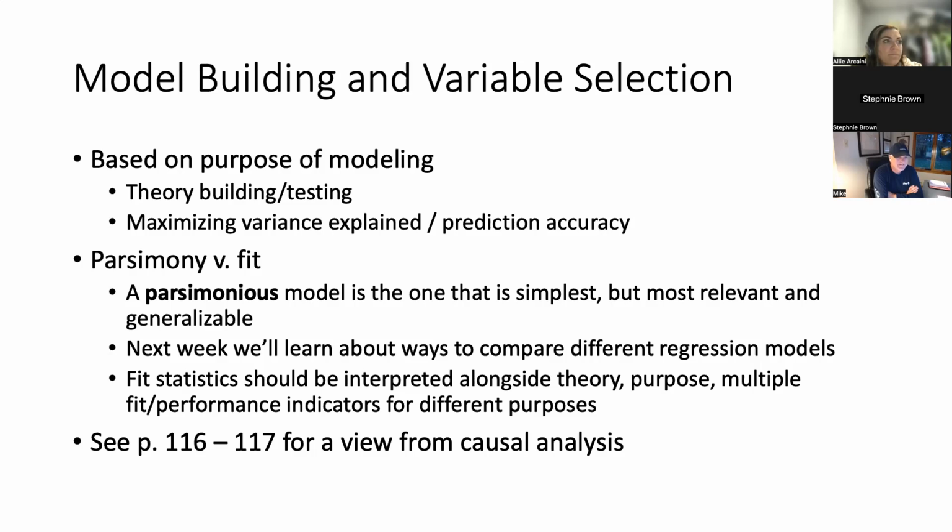Ali and Stephanie, it's really a philosophy of science question. What are we trying to do? Are we trying to test a theory, in which case we might use theory or prior results to guide our variable selection? One thing that is common and should be done more is to try to replicate an effect that another author has presented.